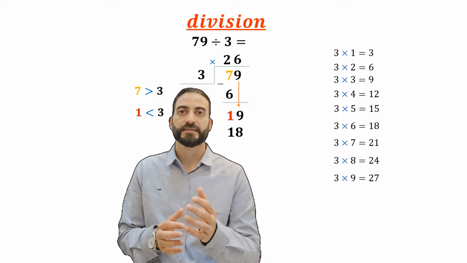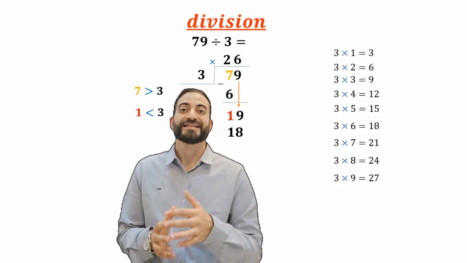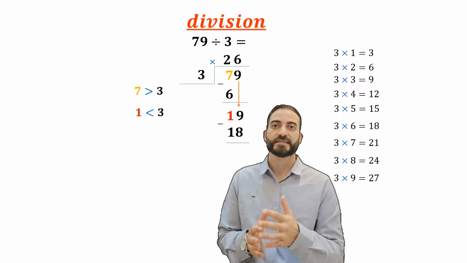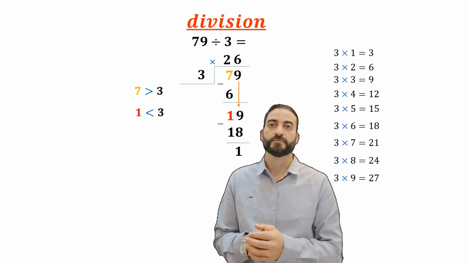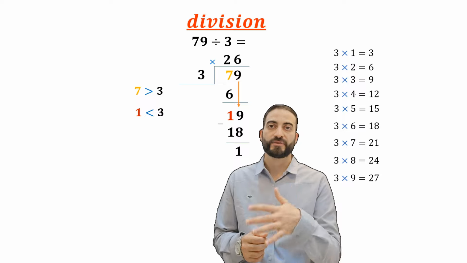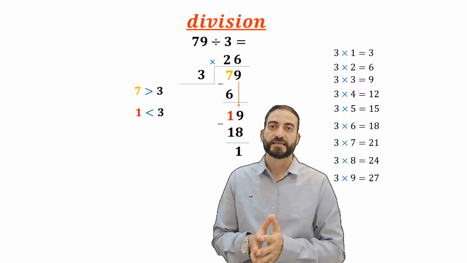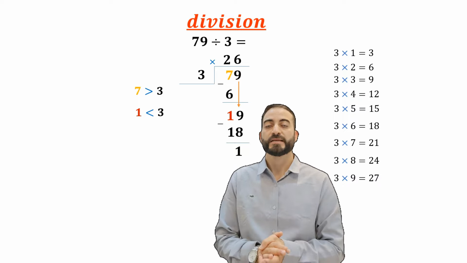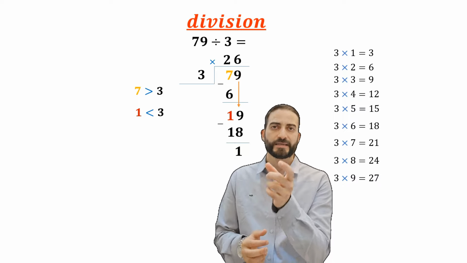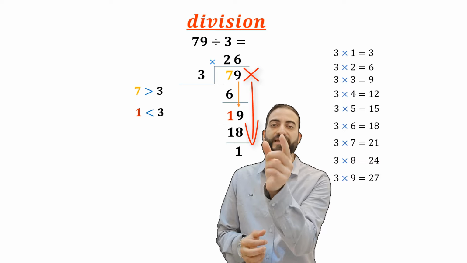We write 18 here. Now we start with the subtraction. 19 minus 18 equal 1. Now also we ask ourselves, is 1 greater than or equal to 3? The answer is no. This means that the process is over, especially since there is nothing here beside the 9.